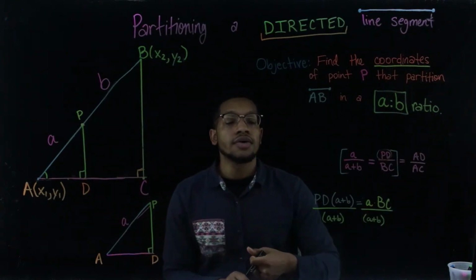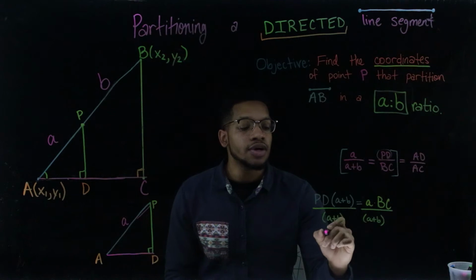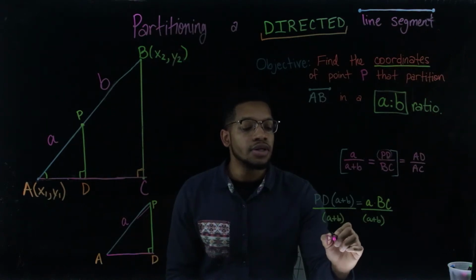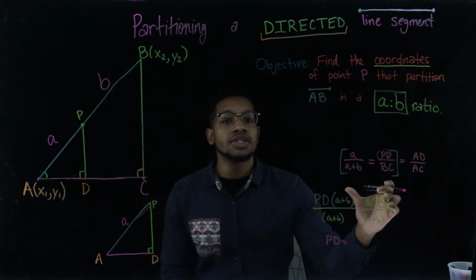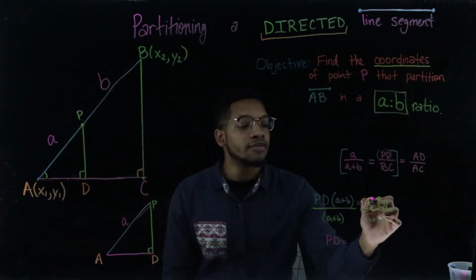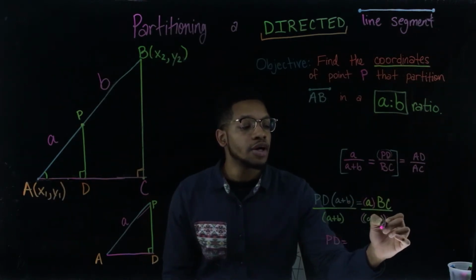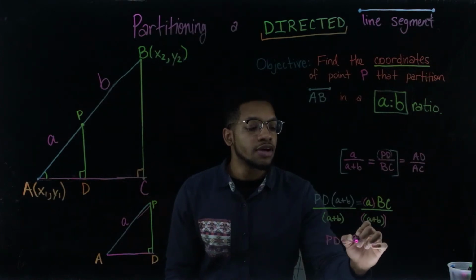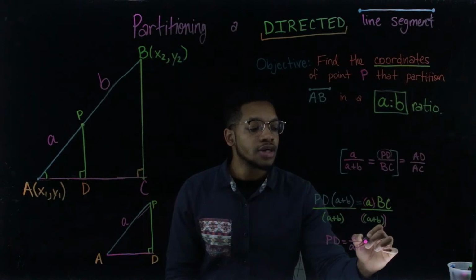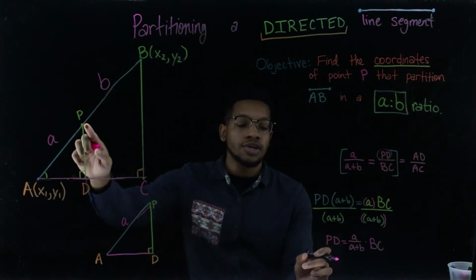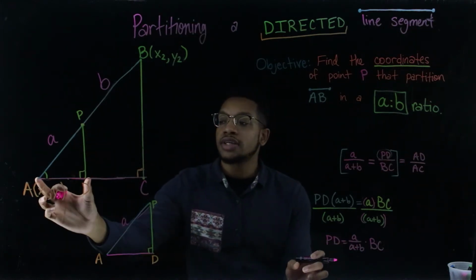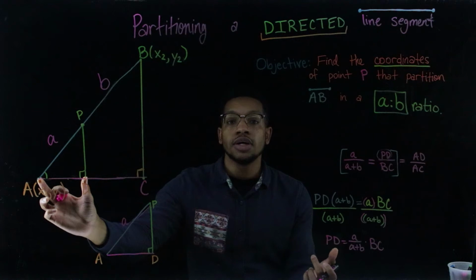Now these A plus B's are going to cancel out, so PD equals, and the way I want to write it, since I want you to see this ratio, A over A plus B, times BC. So that gives me the distance from here to here. Now all I need to find is AD, and then that'll help me get my coordinates.